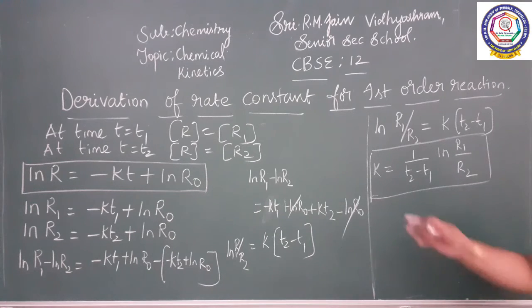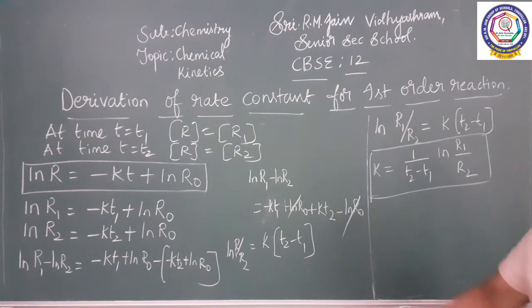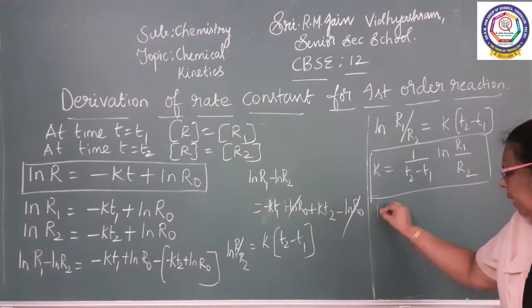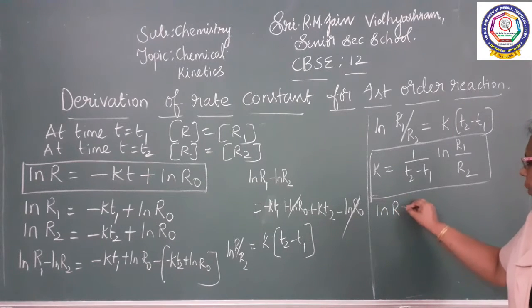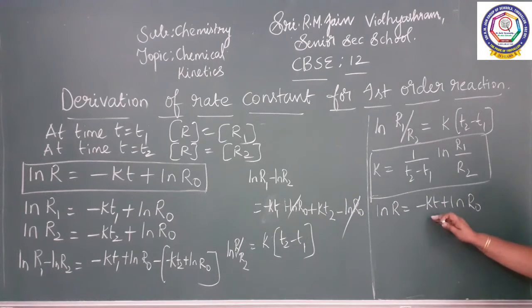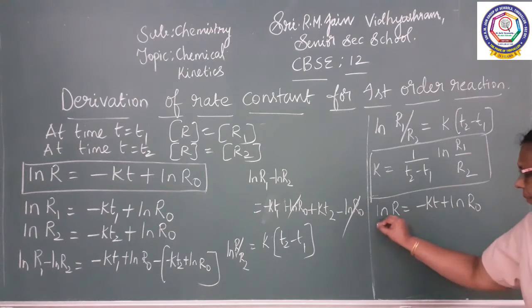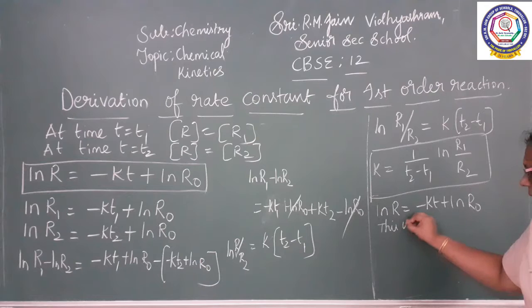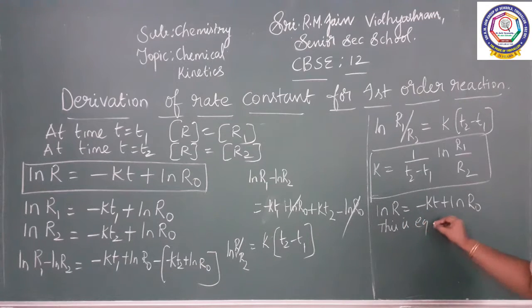The next step: see the equation, what is the equation? Write the initial equation. Ln R is equal to minus Kt plus ln R0.